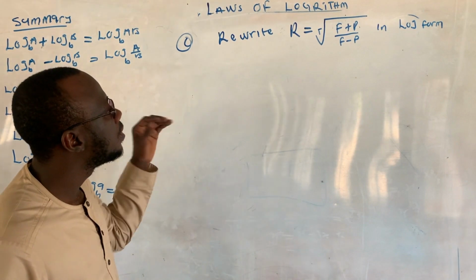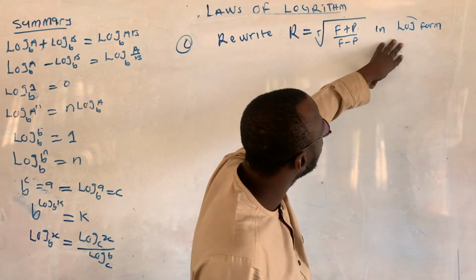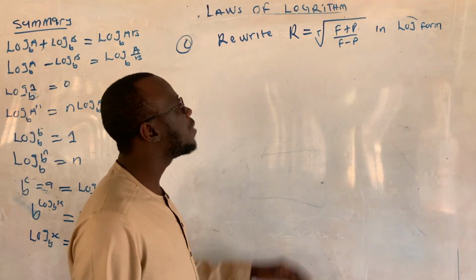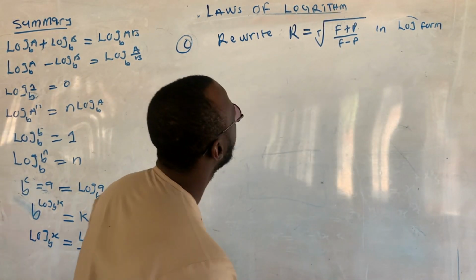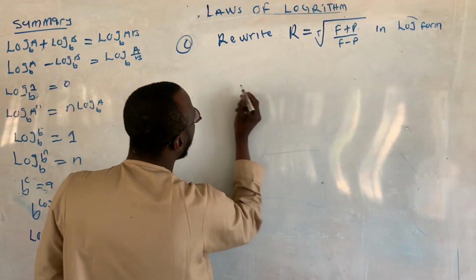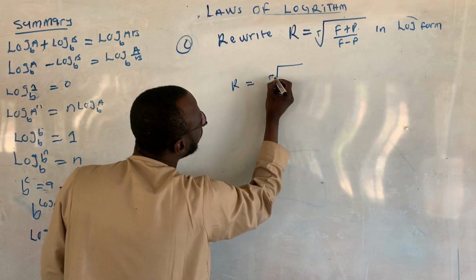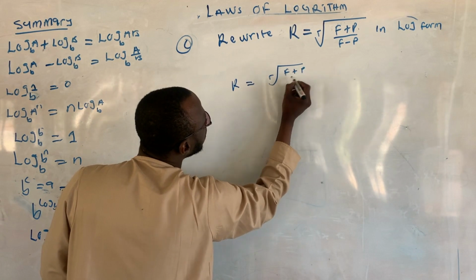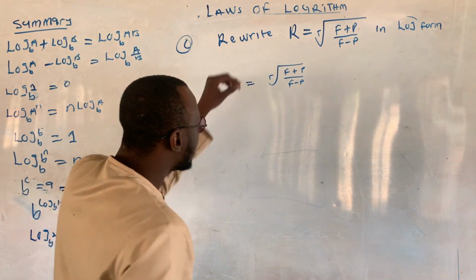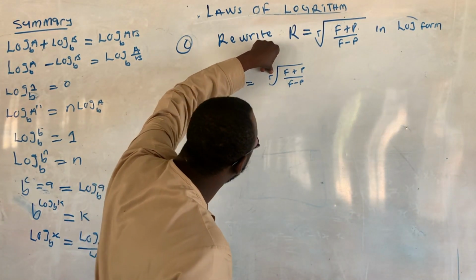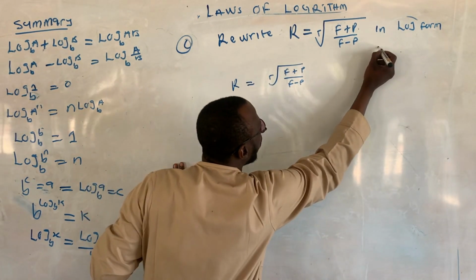So now we are going to write this equation in log form, meaning we have to insert log symbols in this equation. Now, this equation: r equals the r-th root of (f plus p) all over (f minus p). This means that this root r belongs to all this, and it is considered as 1 over the power of r.